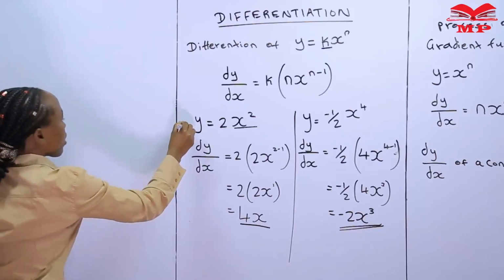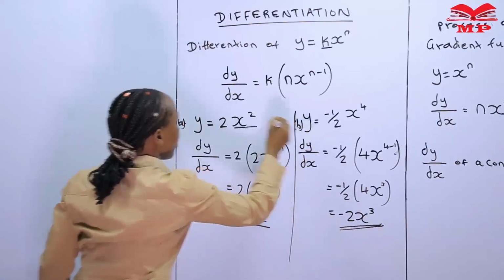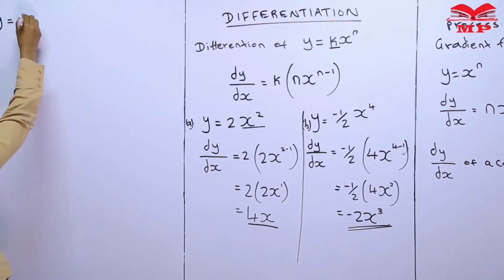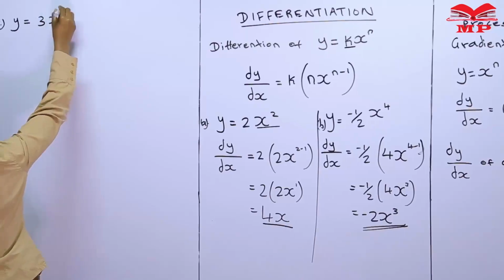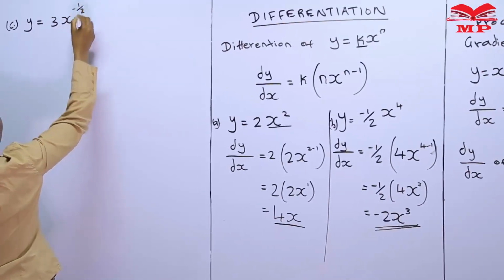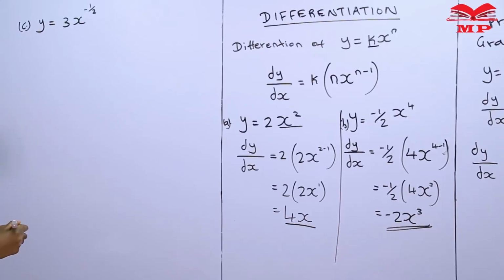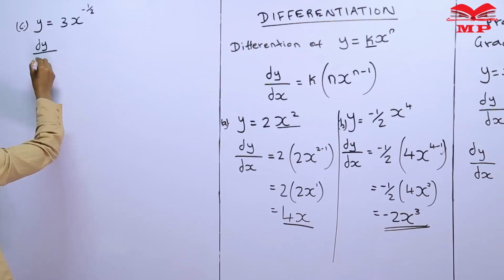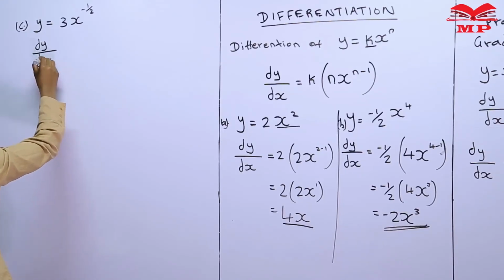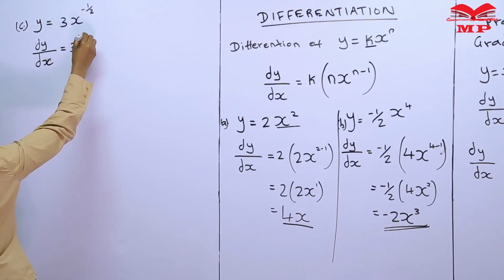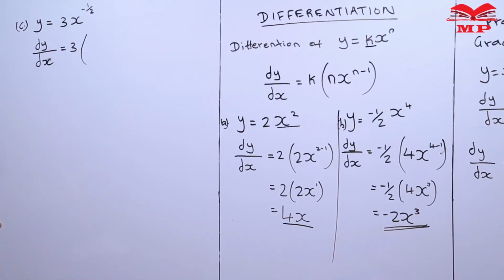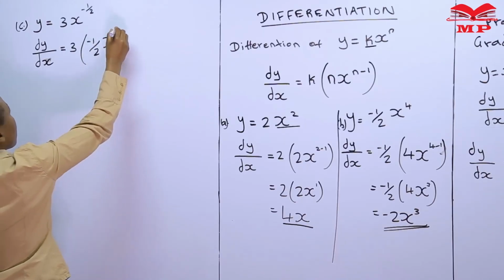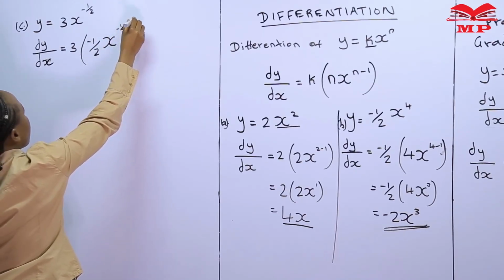Again, this is our example A, now our example B. If we have the following, y is equal to 3x raised to power negative a half, we follow the same to find the derivative. So we are going to have dy all over dx equal to 3, which is the constant. Then we find the derivative of x raised to power negative a half, which will be negative a half x raised to power negative a half minus 1.